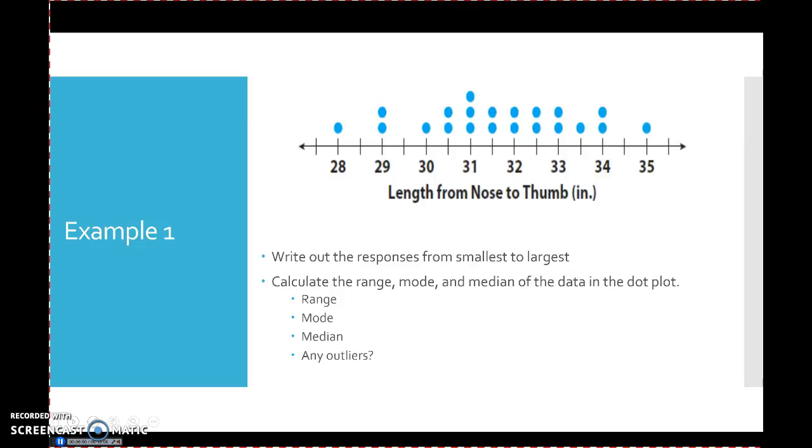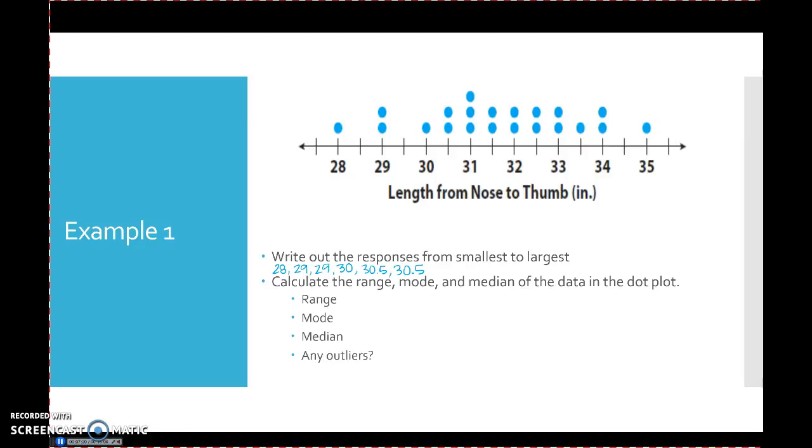So another way to do it is you can write out all of the responses from smallest to largest, because what this data looks like is that each dot represents 1. So if I write it out, it would be 28, 29, but there's 2 at 29, so 29, 29, then 30, 30.5, 30.5.